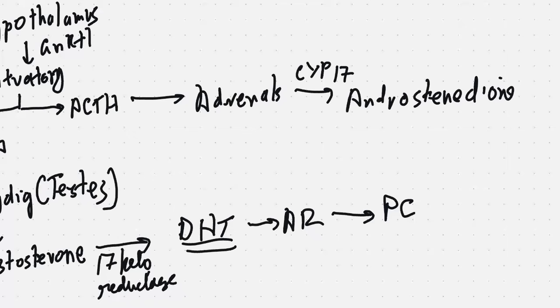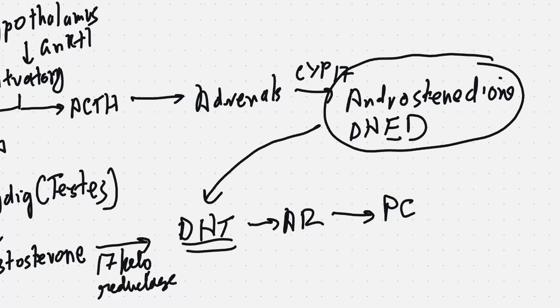Now, both these hormones can be converted into dihydrotestosterone as well. So, both these hormones also lead way to the development of prostate cancer.